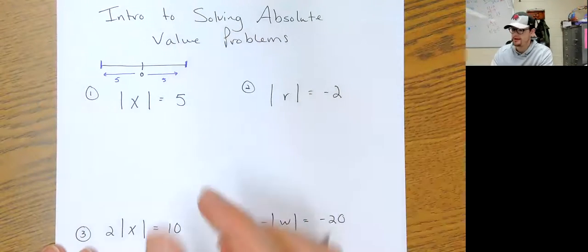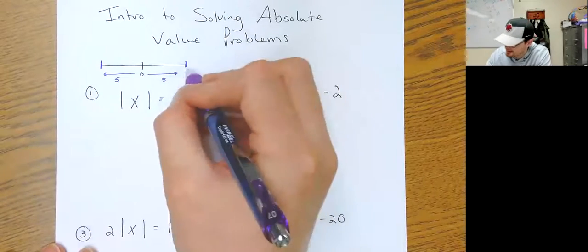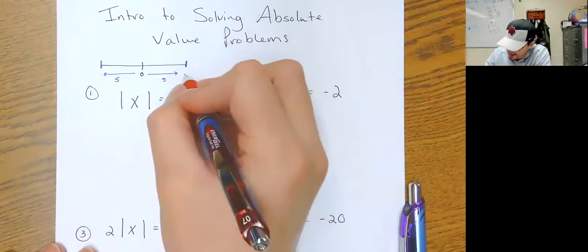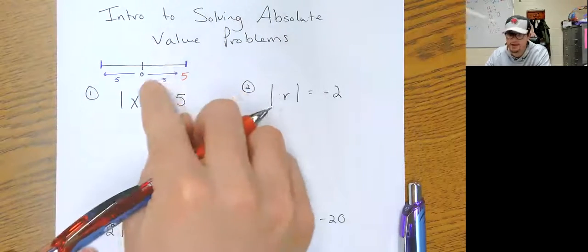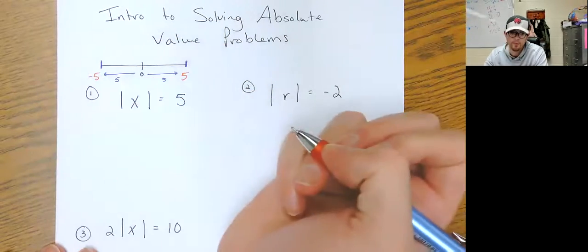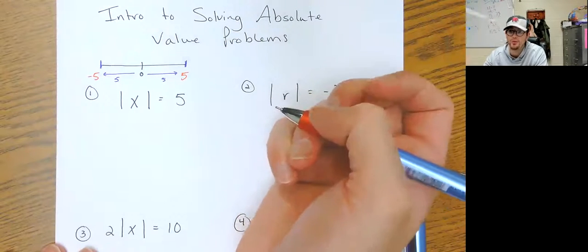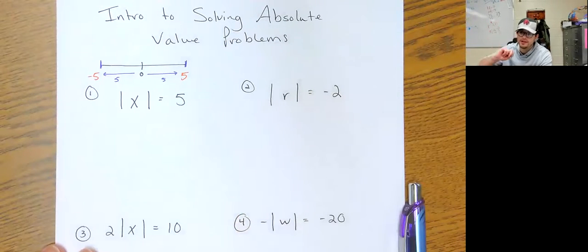Because this distance, if I go to the right, is 5. But if I go to the left 5 units, then I get -5. So there's two answers. An absolute value will sometimes give two answers.